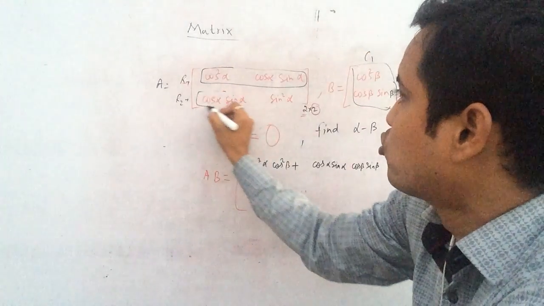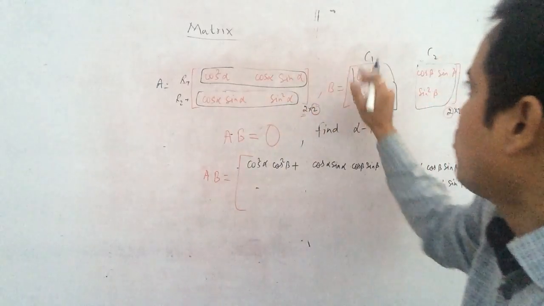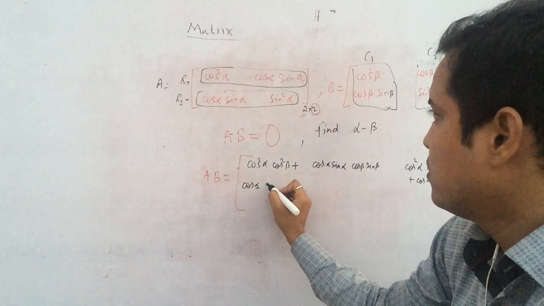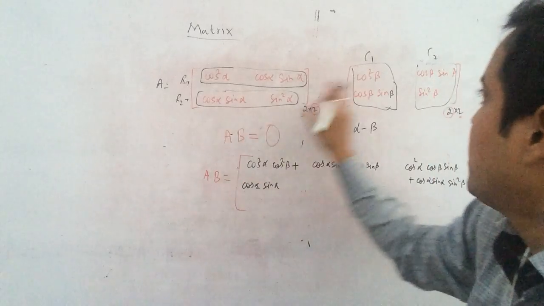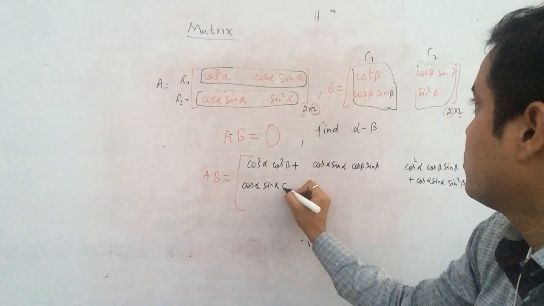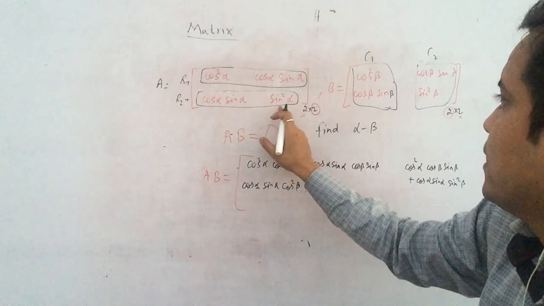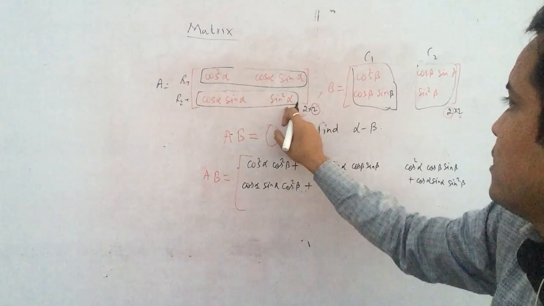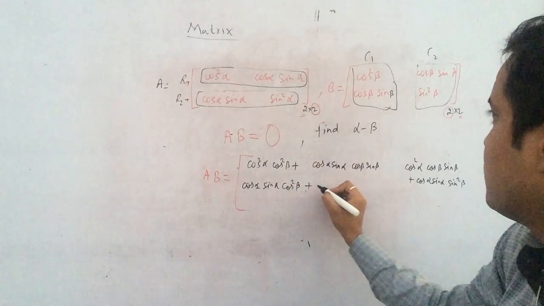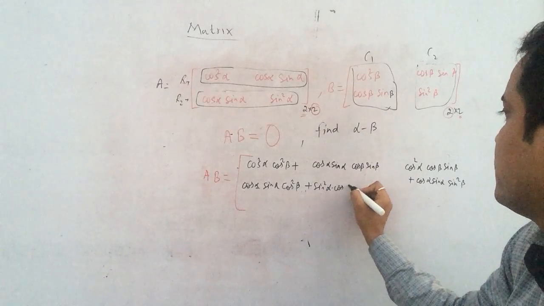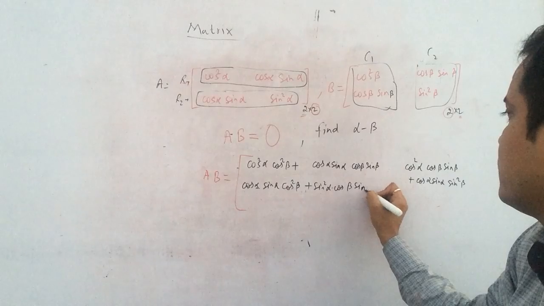Similarly, row 2 multiplied by column first: cos alpha sin alpha multiplied with cos square beta, plus sin square alpha multiplied with cos beta sin beta.